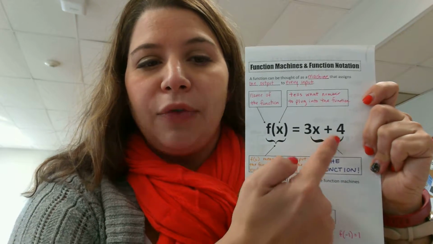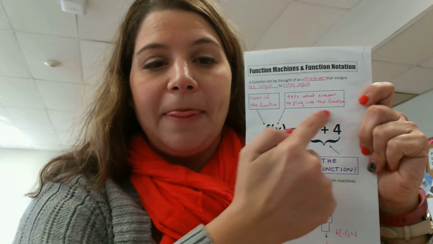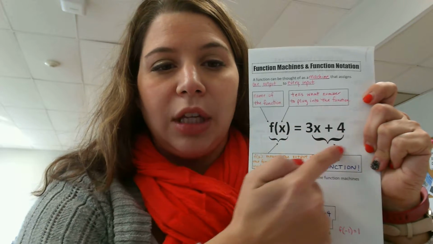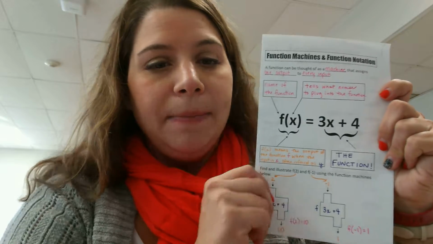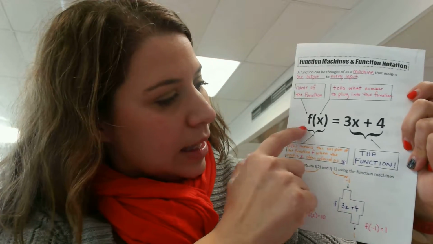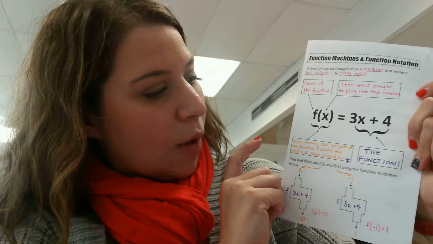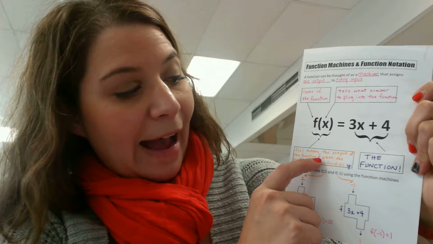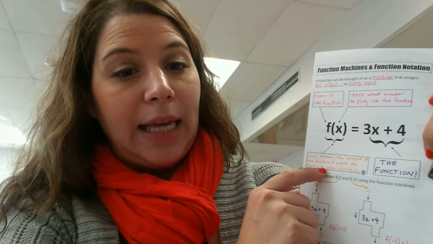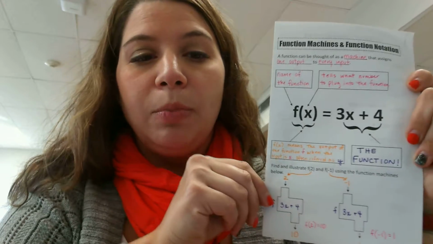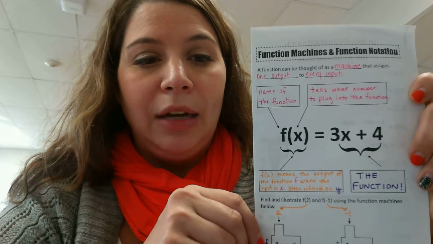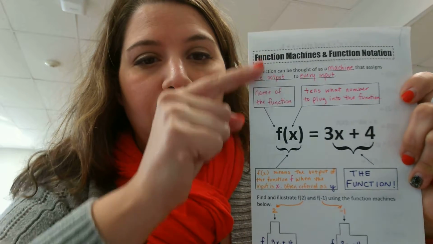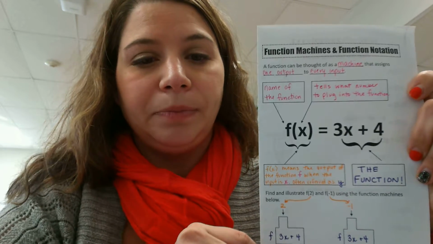This 3x plus 4 is the function. That is what we're doing. That's the calculation that we're going to do, okay? And then the last thing is this f of x component. And all that means is that that's the output of the function f when the input is x. So go ahead and make sure you pause the video at this time, zoom in if you need, so that you can get all the appropriate information here.